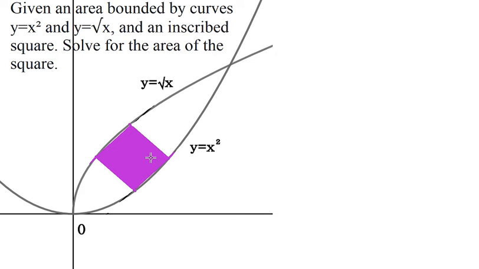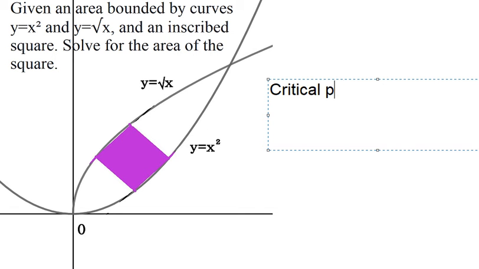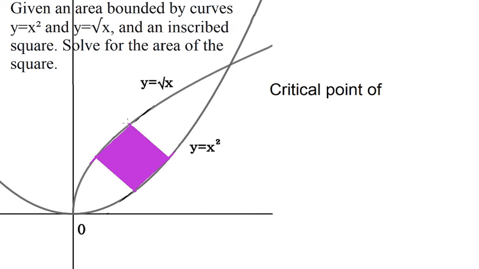If we look carefully at the square in here, this square has its largest diagonal between this point and this point. So it means we want to find the critical point of the square root of x minus x squared in here, so we can find the largest diagonal of this square.